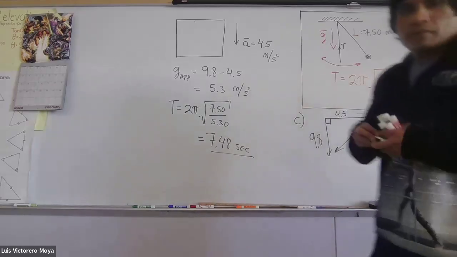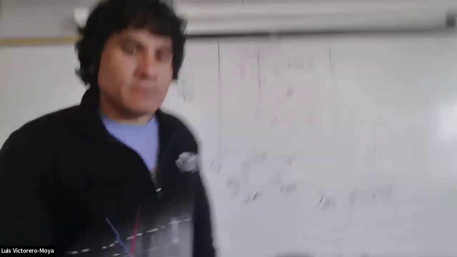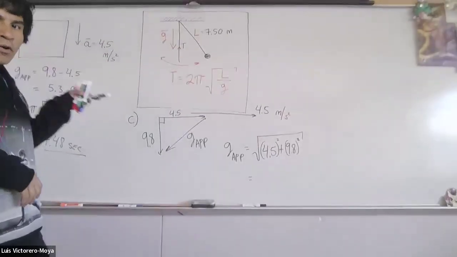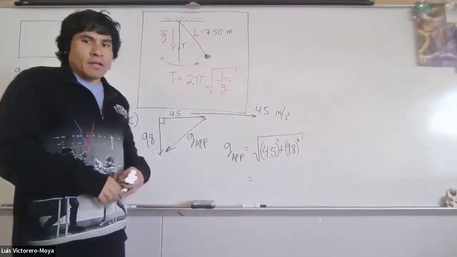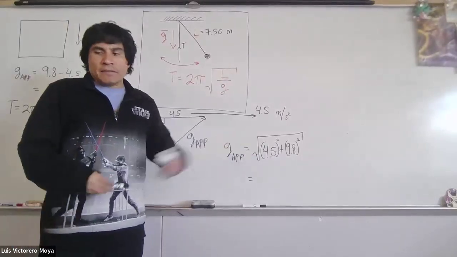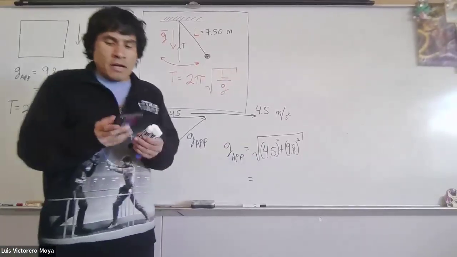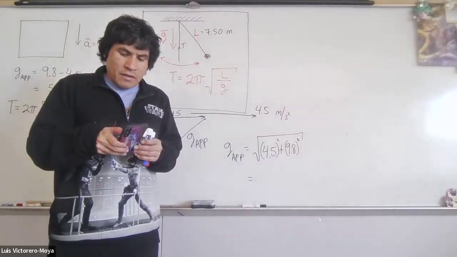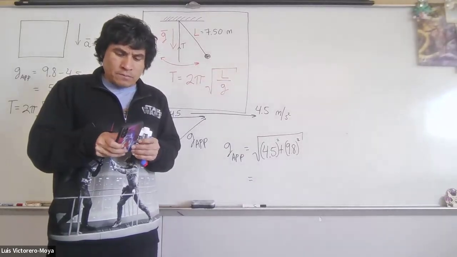All right. If it's moving horizontally at 4.5, that is your g apparent. Gravity is a vector, guys, right? It's a force, it's a vector.